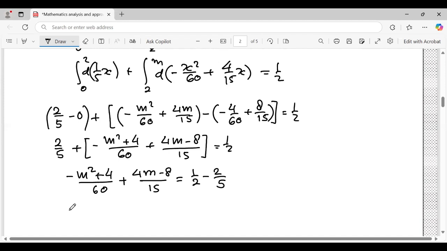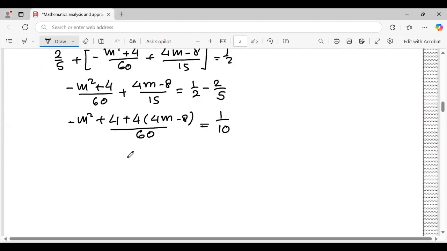It becomes minus m squared plus 4 plus 16m minus 32 over 60 equal 1/10, since 1/2 minus 2/5 equals 1/10.